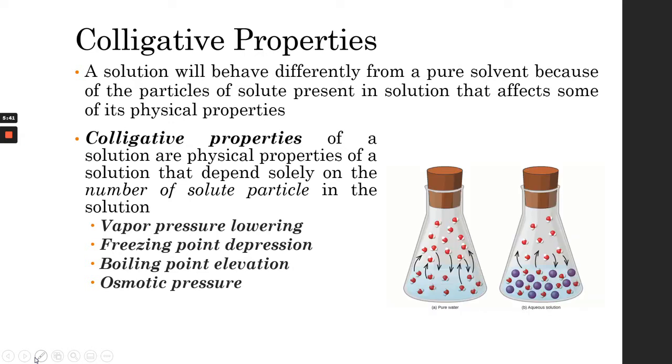So to understand this, let's take this as an example right here. On this flask, we have pure water. If you remember, the vapor pressure is the pressure exerted by the gaseous phase present on top of the liquid. In this portion right here, you have your water, H2O, in liquid form.